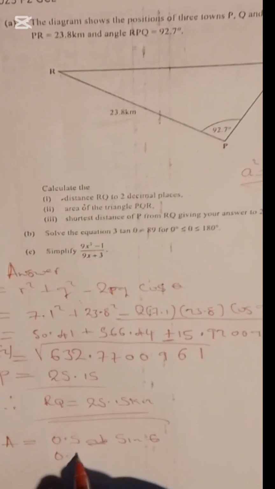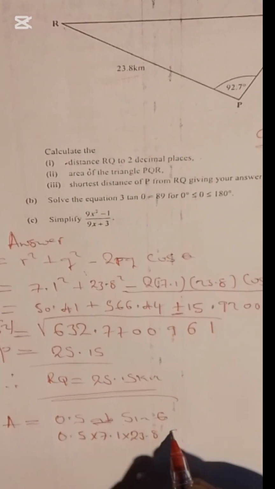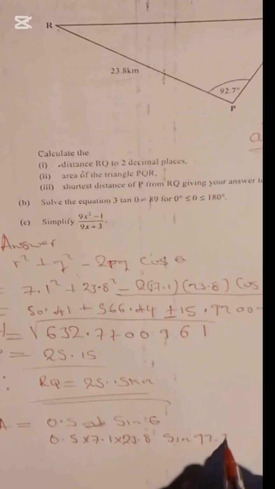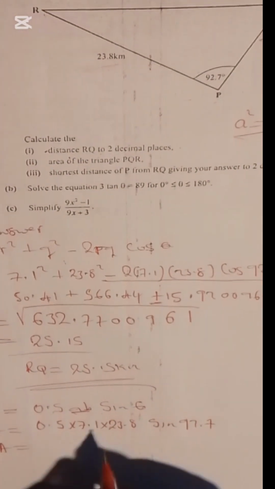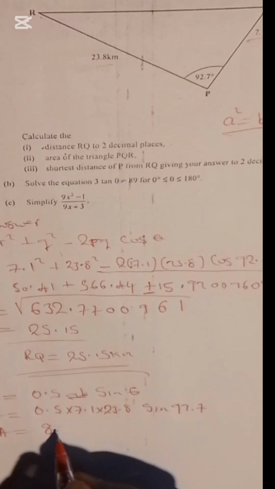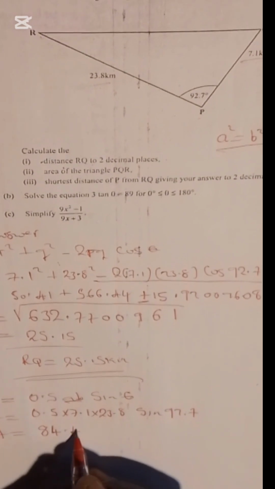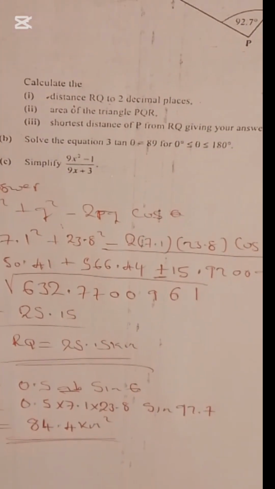So this one will be 0.5 times 7.1 times 23.8 times sine 92.7. So area will be equal to, you punch this on your calculator in degrees. It will give us 84.4 kilometers squared. You get yourself the 2 marks.